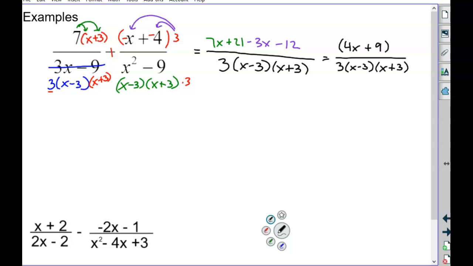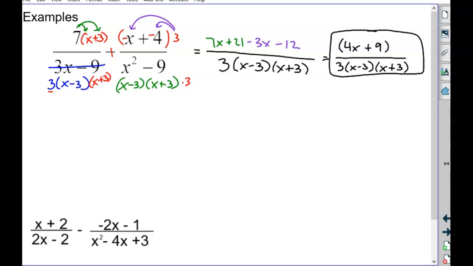Does 4 and 9 have any common factors? No. That means we're done. Okay. Now sometimes we'll get this new numerator that will be able to be factored, so then we have to factor it. And if it has a 3 or an x minus 3 or x plus 3 in it, that could then reduce out. So that's why we leave that as is.